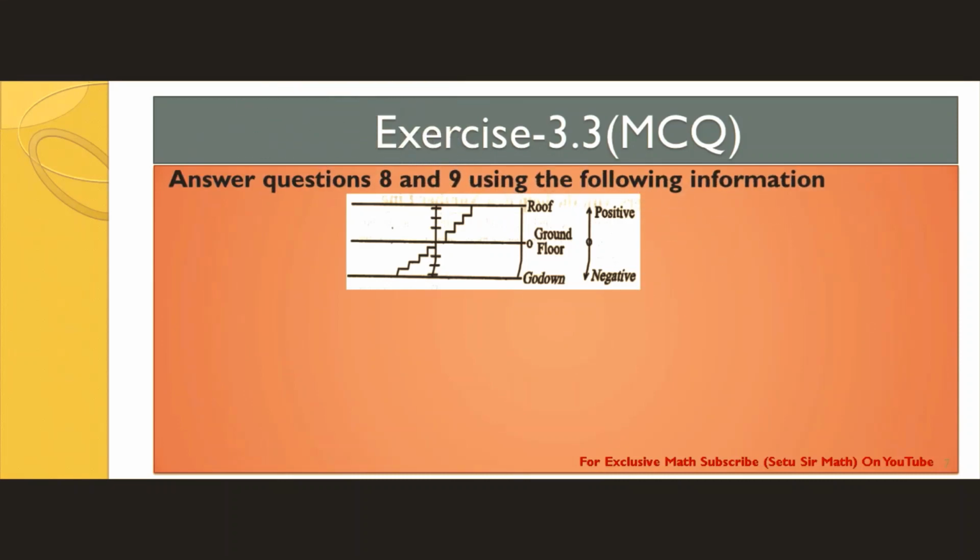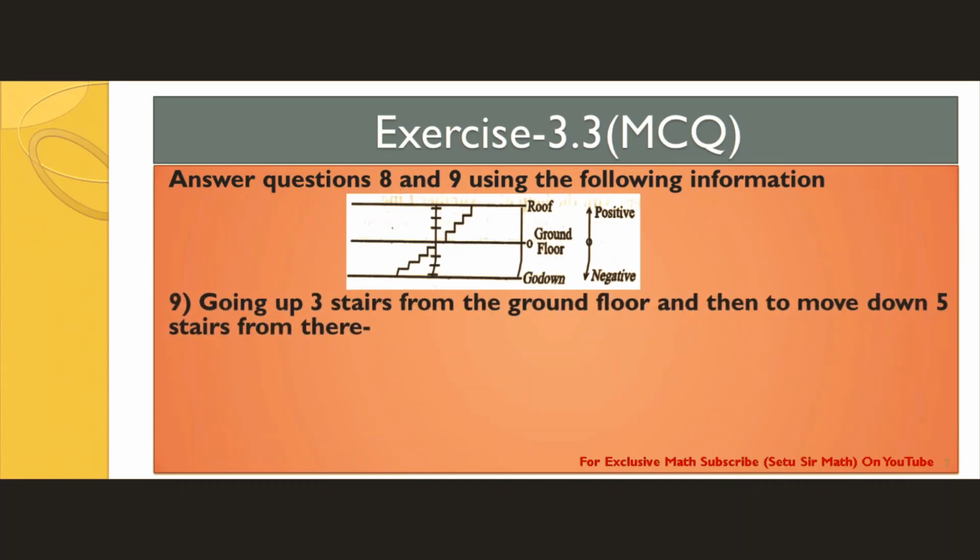Answer questions 8 and 9 using the following information. Already you saw this figure. So what is question number 9? Going up 3 stairs from the ground floor and then to move down 5 stairs from there. These are the options: -8, -2. -2 is the desired answer because this is the bold part. Let's see the explanation.